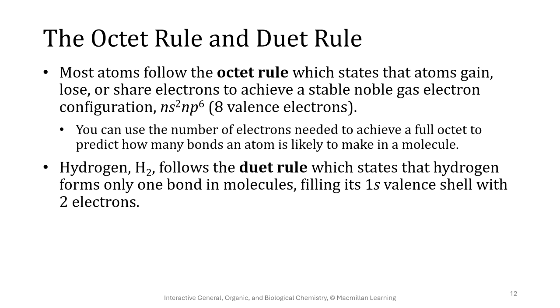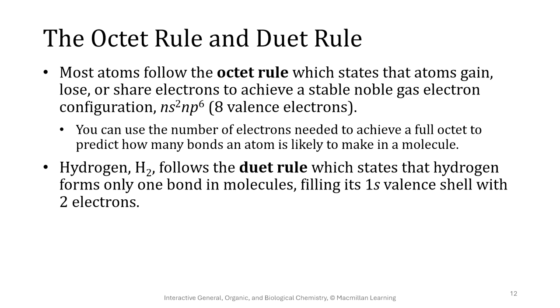So now this leads us to what we call the octet rule and the duet rule. The p block elements, particularly the period 2 p block elements, carbon to fluorine, tend to follow the octet rule. In fact, they follow this pretty rigorously.